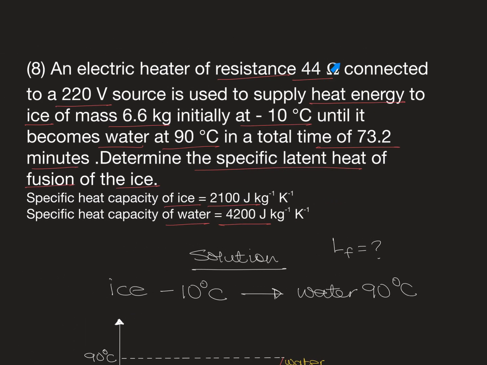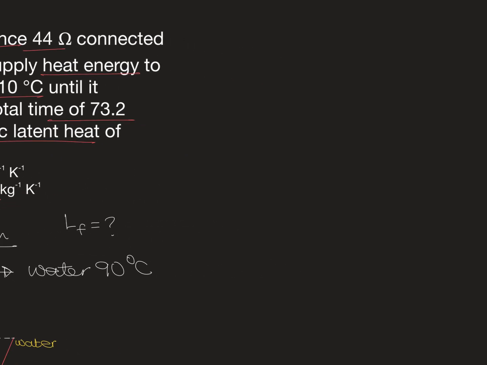we are given resistance, we are given voltage, and we are given time. So this tells us that we can know the total energy that was involved. We know that the quantity of heat is also given as the current times the voltage times the time.